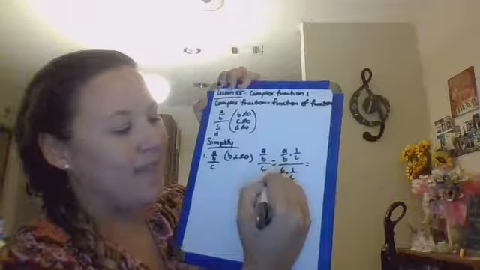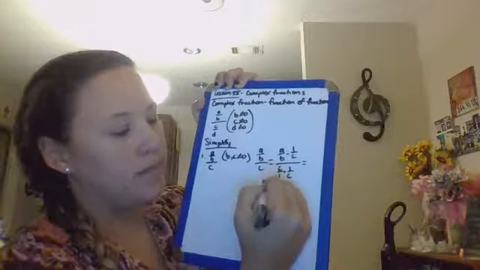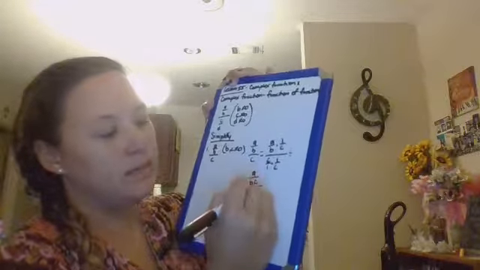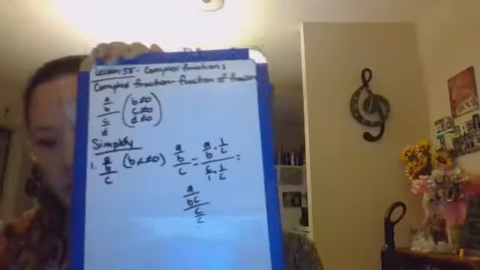We will have A over BC over 1, where C times 1 over C is actually equal to 1.